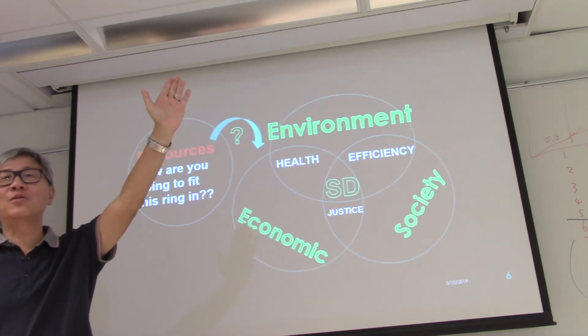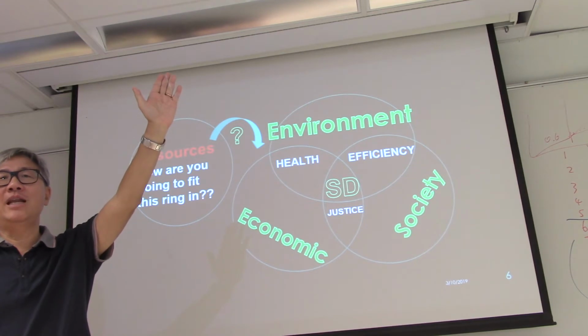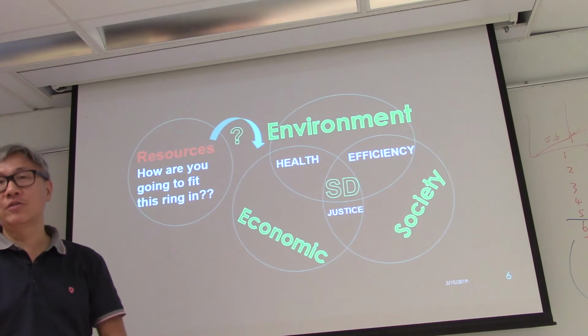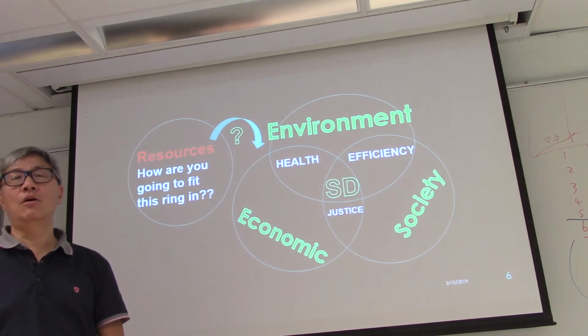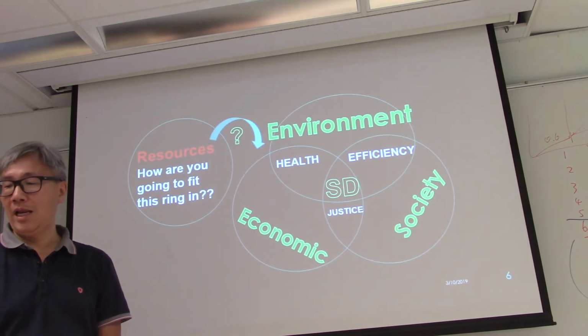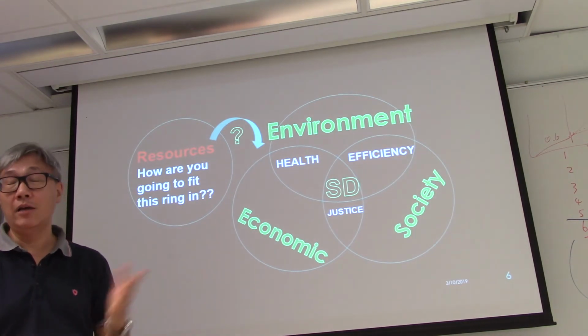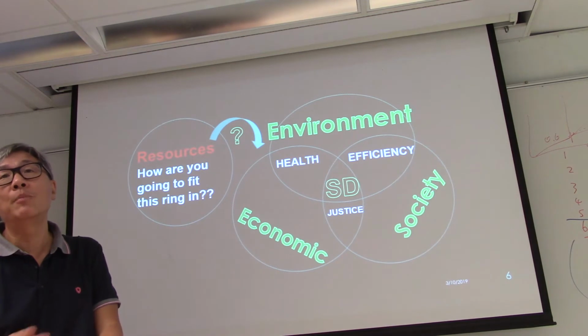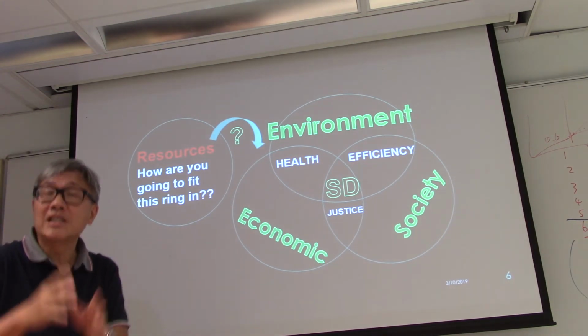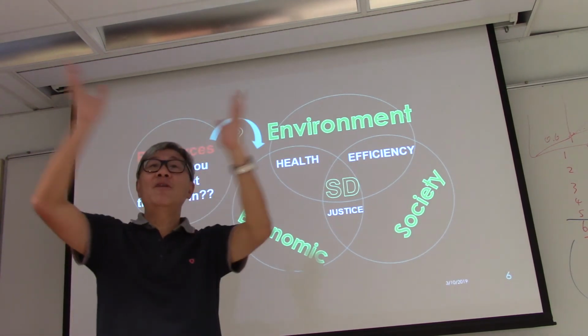Still remember the first law and the second law of thermodynamics, right? The first law of thermodynamics is that energy or materials can neither be destroyed nor created. All right, so any materials that you are working on, like solid waste treatment or air pollution, do not disappear. They just go somewhere else.